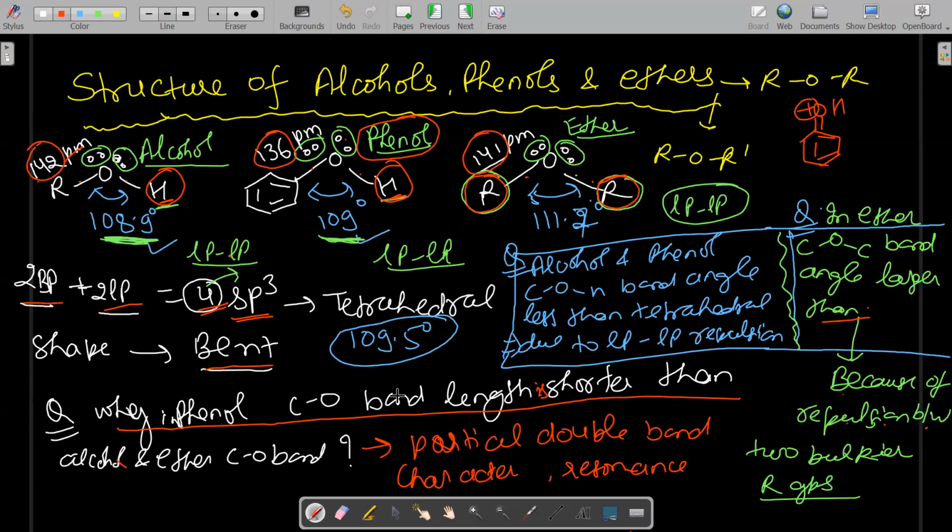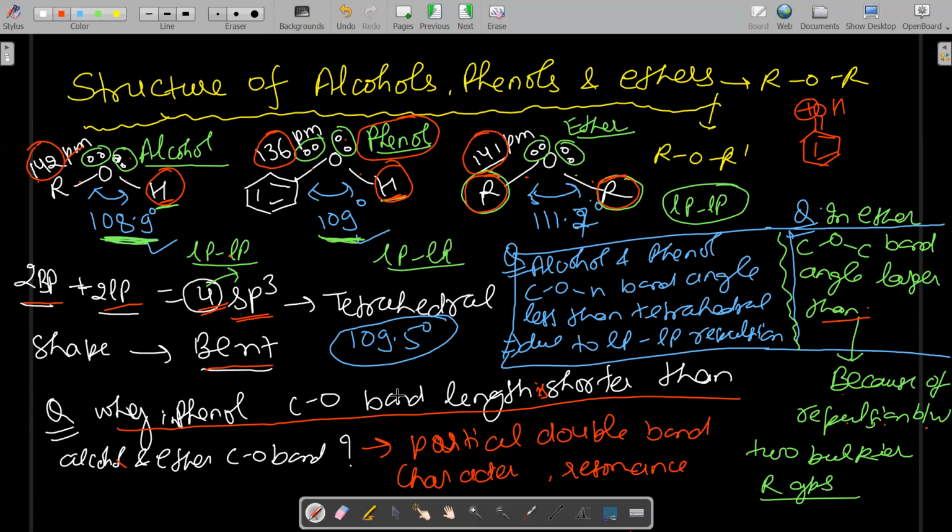Where the bond length is shorter, we think that the bond will be different. The single bond length is larger and the double bond length is shorter. Phenol is an aromatic compound, and wherever there is an aromatic compound, immediately one answer comes, that is resonance. So what can you write as the answer?